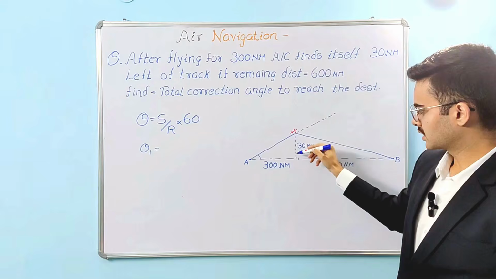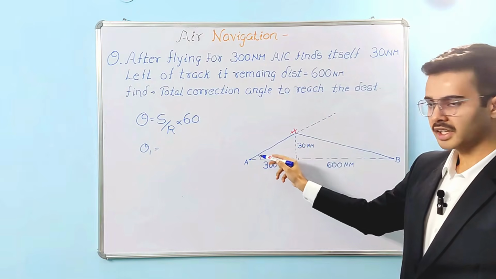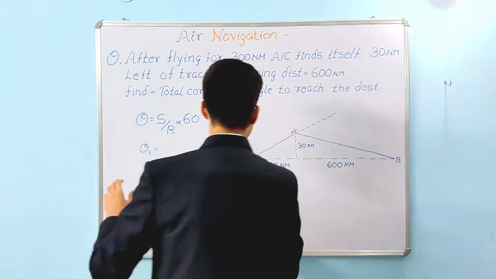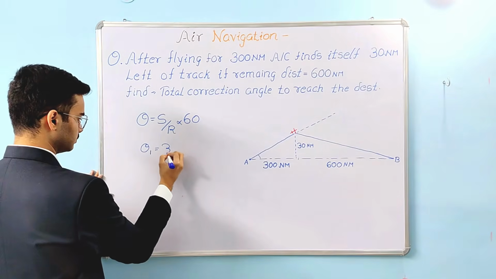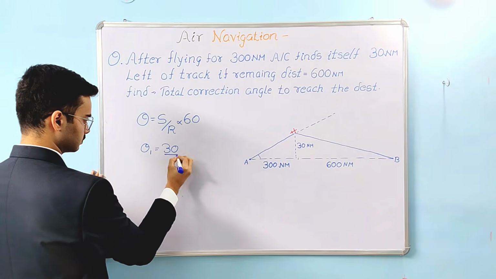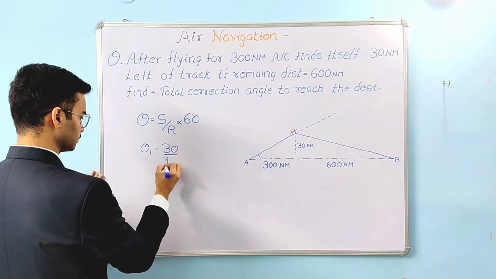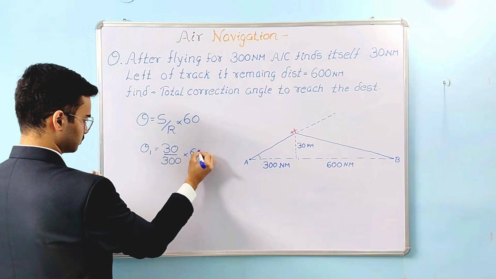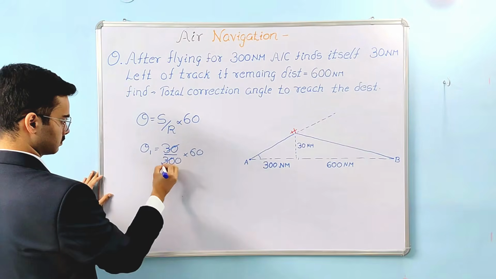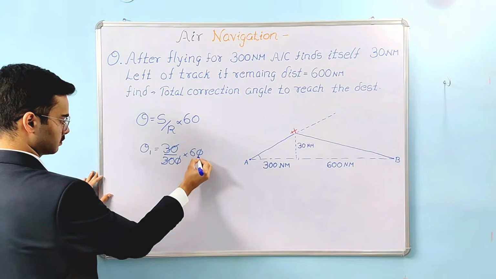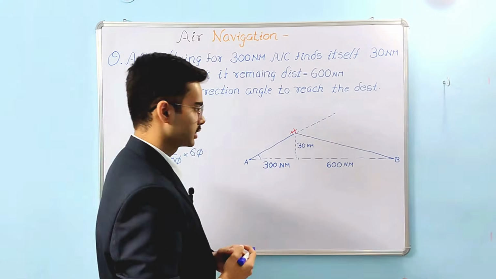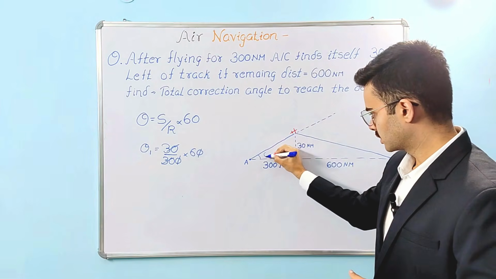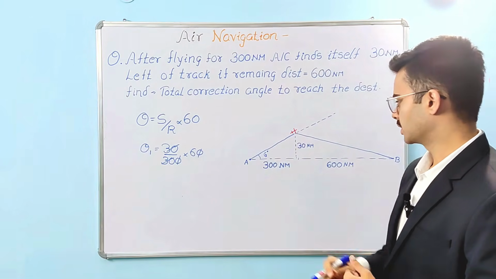Similarly, whatever is the line right in front of the angle, that will be your S. Let's put it. Theta equals 6 degrees. Now what? We got this equals 6 degrees.